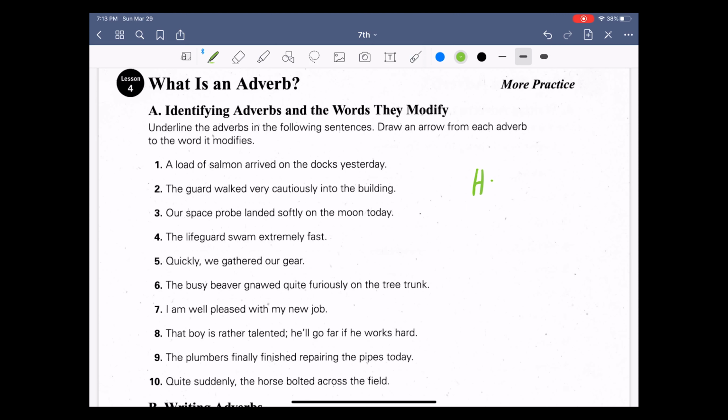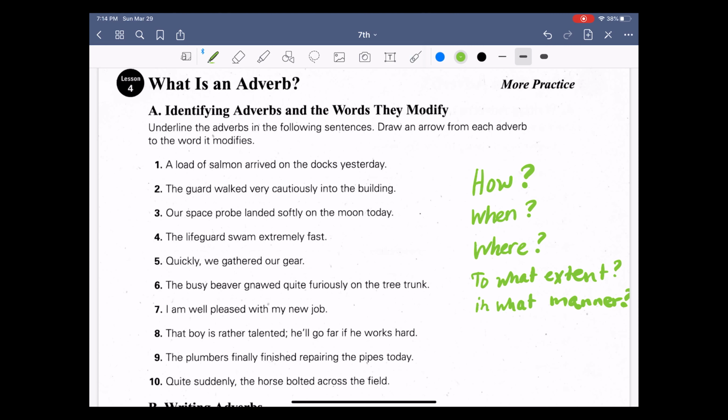They answer the question how, when, where, and finally, to what extent or in what manner.